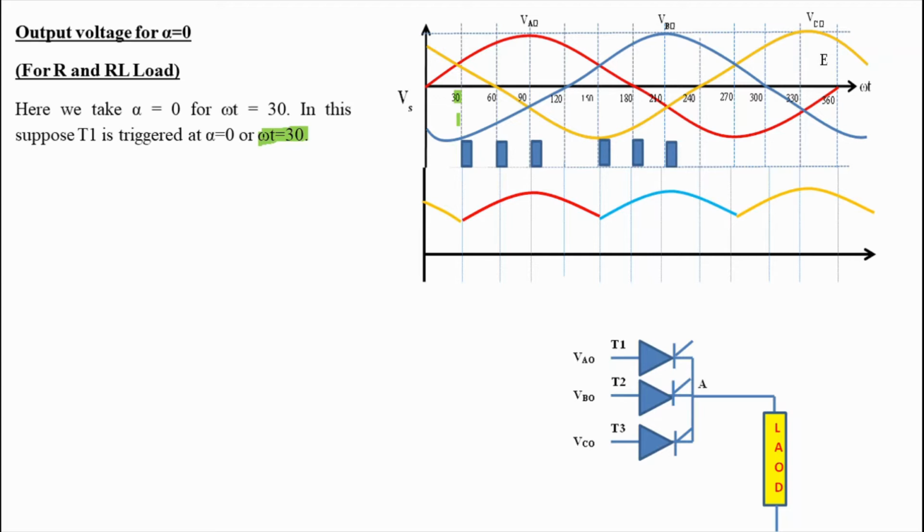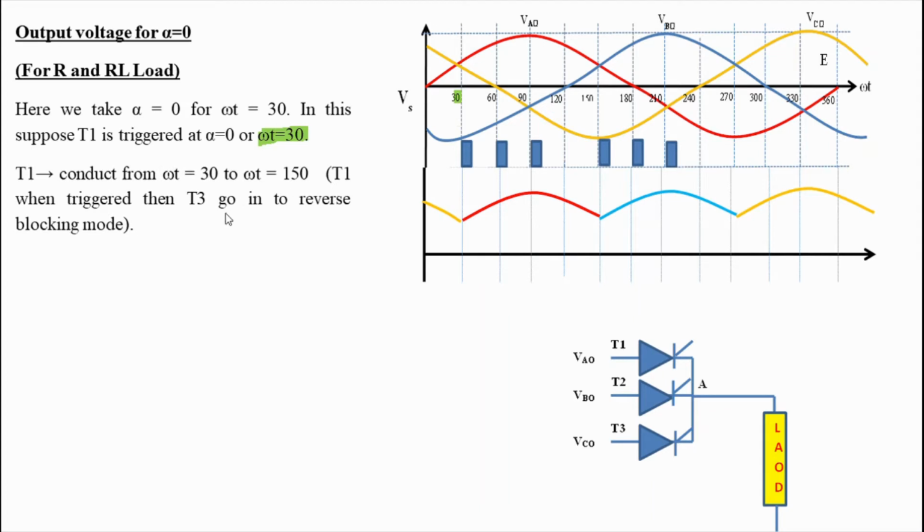Suppose thyristor T1 is triggered at alpha equals 0 or omega t equals 30. So what will happen in this case? T1 when fired, will conduct from omega t equals 30 to omega t equals 150. We can see that the waveform of phase A is at the top, so VA0 is greater than both VB0 and VC0.